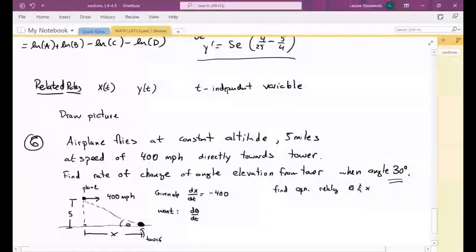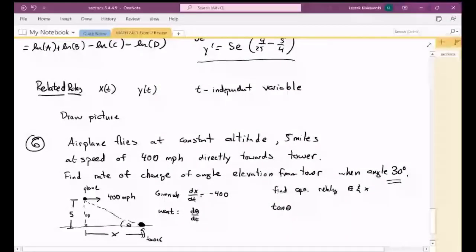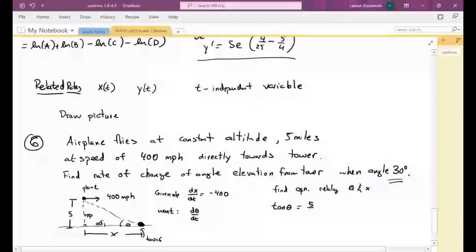So what's the thing that we could do here? Tangent. Yeah, angle to sides of a right triangle, trig functions. And here we have the opposite side is 5, and x is the adjacent side, so tangent of theta is opposite over adjacent. So 5 over x. Okay. Awesome.